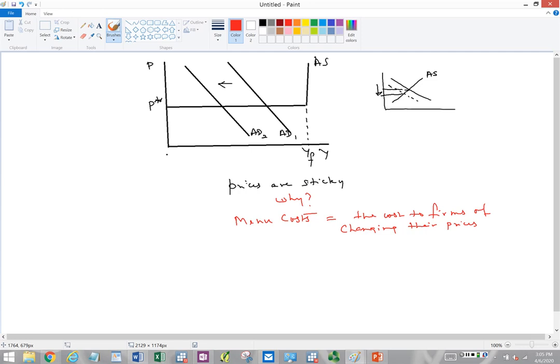Now, the reason it's called menu costs is, the analogy here is with a fine restaurant, right? In a fine restaurant, you have a nicely printed menu. Now, if the restaurant wants to change prices, it has to order whole new menus, and this is expensive, right? So the point is that if menu costs are high, firms are reluctant to lower price as customer demand decreases. Ordinarily, when customer demand decreases, firms have an incentive to quickly lower price so as to keep the customers coming.